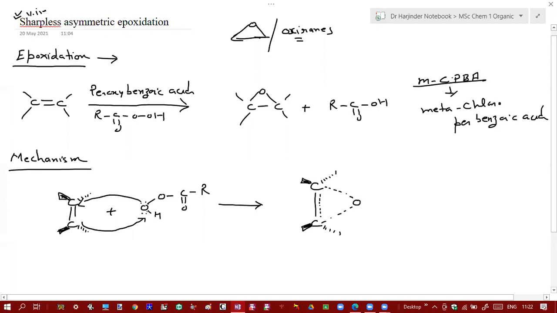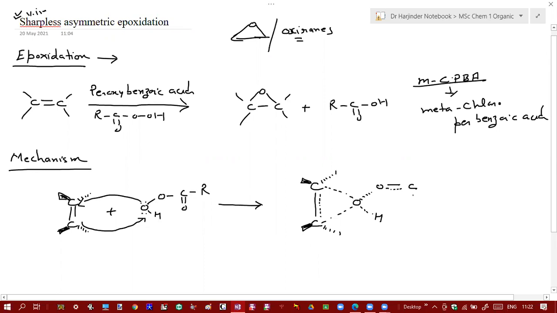This oxygen-hydrogen bond starts breaking. This oxygen-oxygen bond will also start breaking. This oxygen-carbon bond will acquire partial bond character.